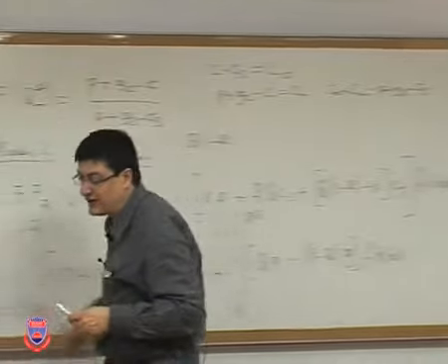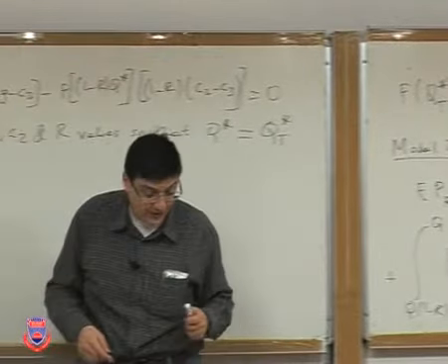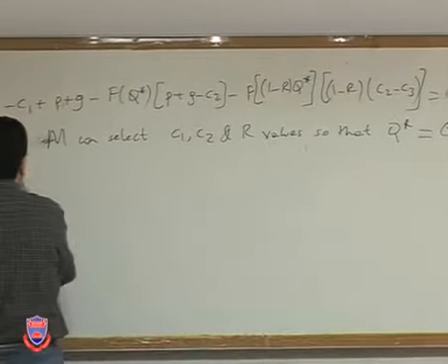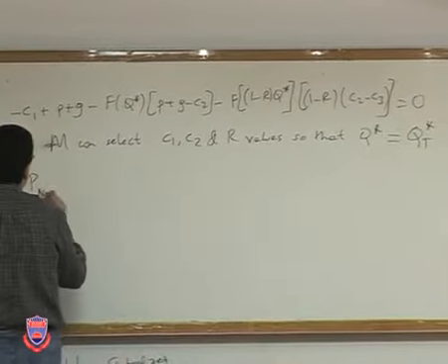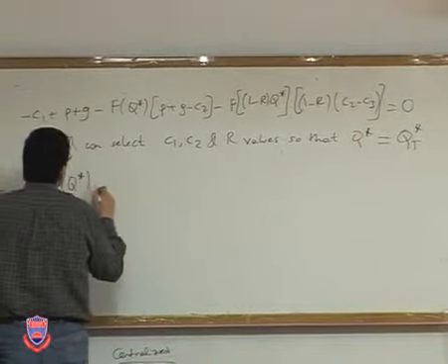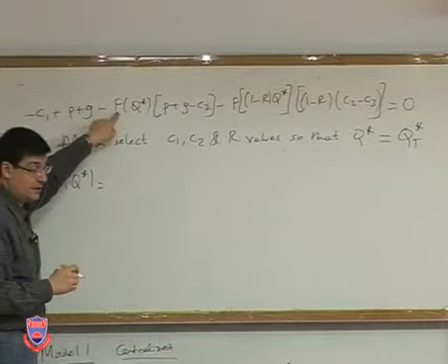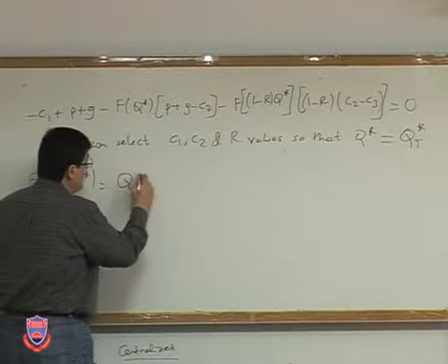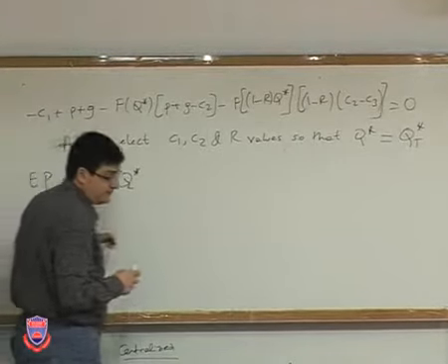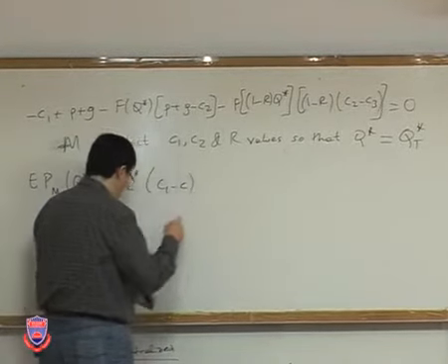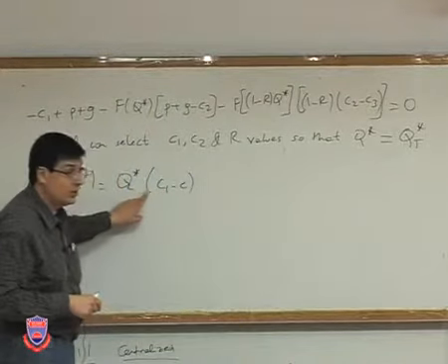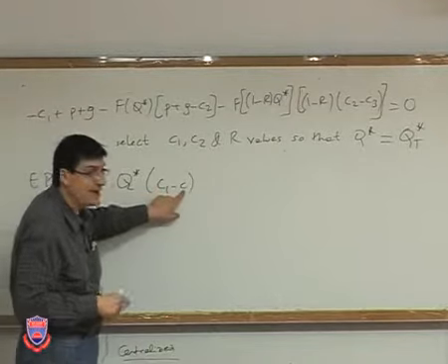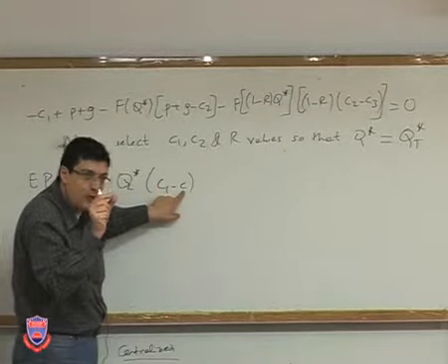So how can we write the expected profit of the manufacturer? Now, given this scheme, what is the expected profit of the manufacturer if Q star is ordered? So if Q star is ordered, the manufacturer is going to have a profit on the items that are sold. Q star is ordered, so the manufacturer receives C1 minus C as the premium per unit.